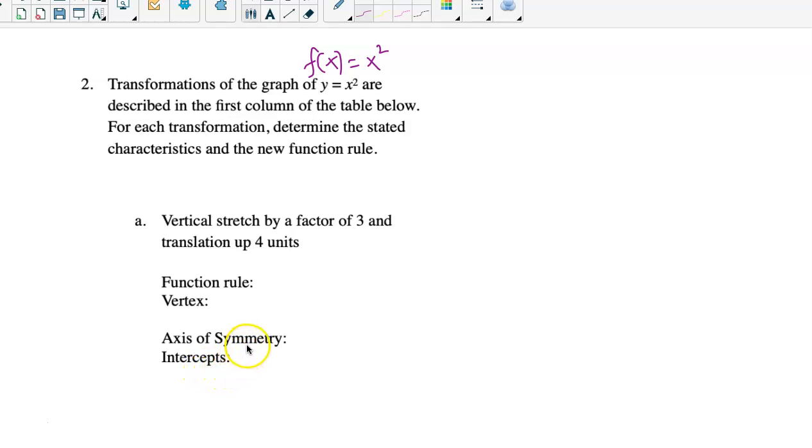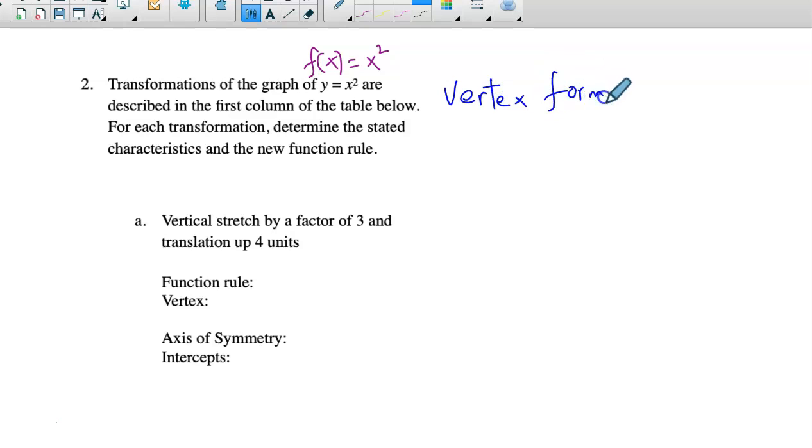In order to answer this problem, you have to know the vertex form of a quadratic function.